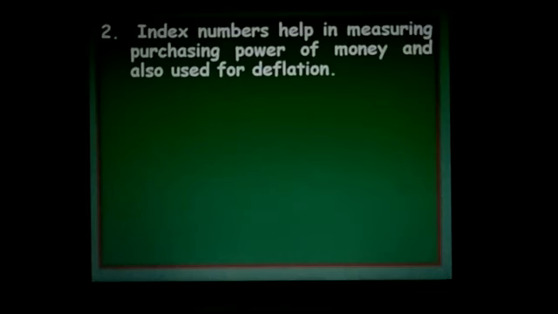Deflation is nothing but it has undergone decrement. With what rate it has gone into decrement, whenever we are observing any phenomenon, the index number will be of very much use. That's why you are writing, and it is used also for deflation.